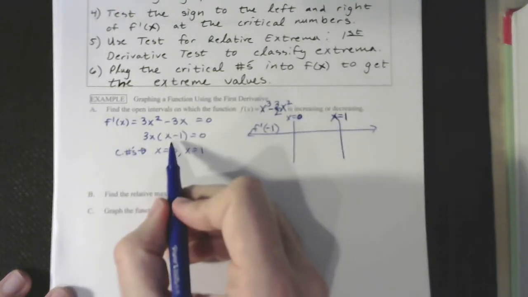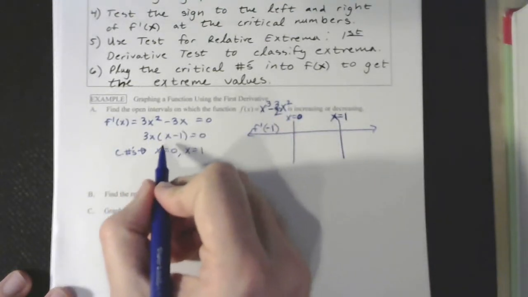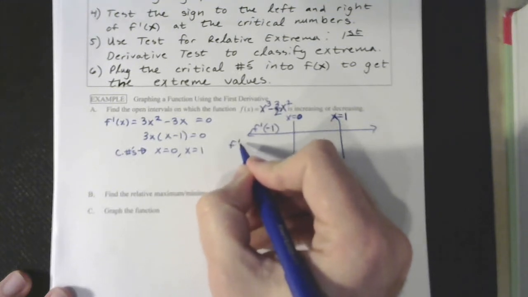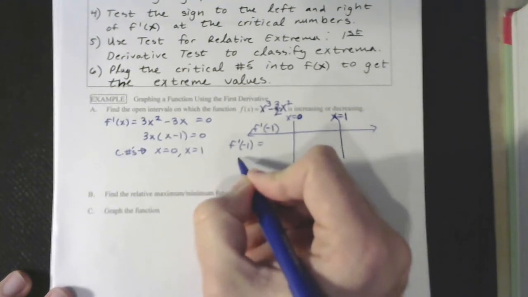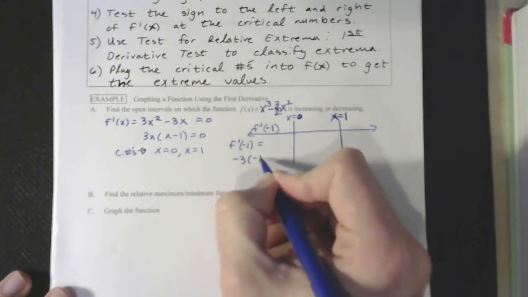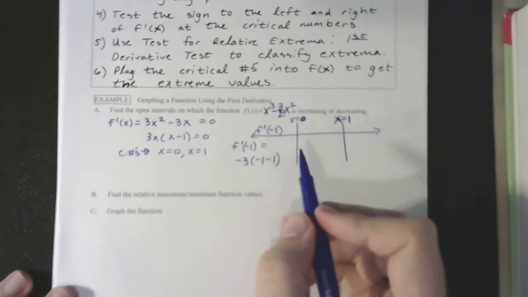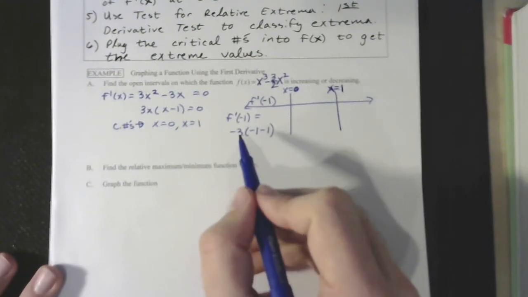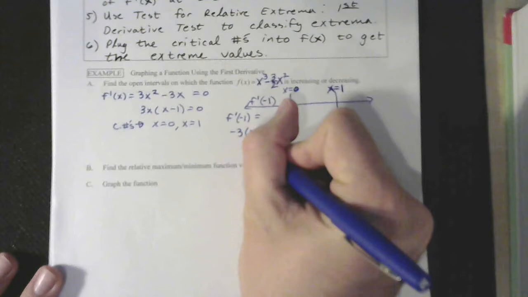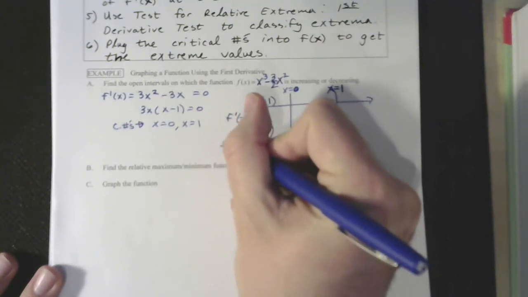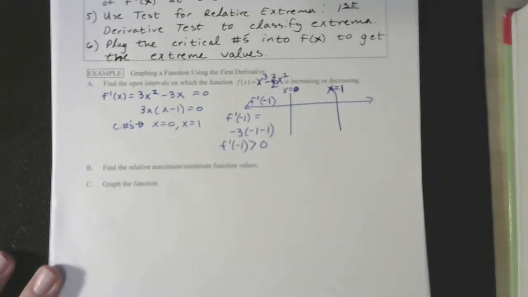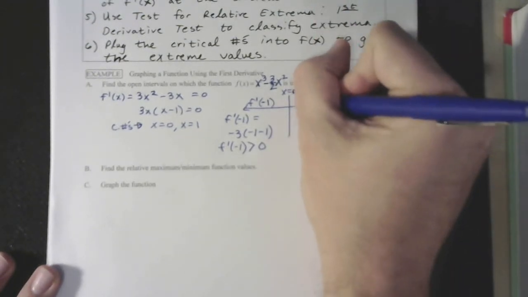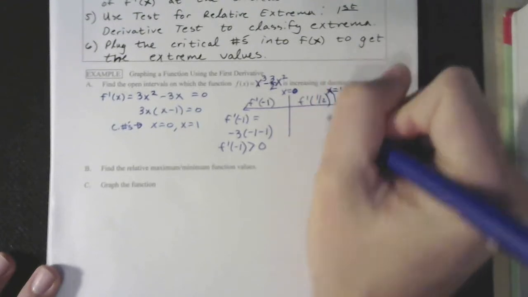So f prime of -1, since we have it factored here, let's go ahead and use the factored version. So f prime of -1 is 3 times -1 times -1 minus 1. And we don't care what this number is, we only care about its sign. So negative times a negative will make this positive. So f prime of -1 is positive. In between 0 and 1, we're going to test 1/2.